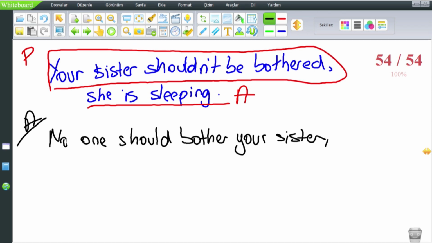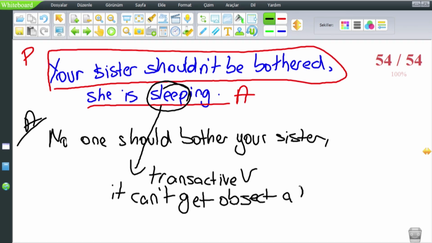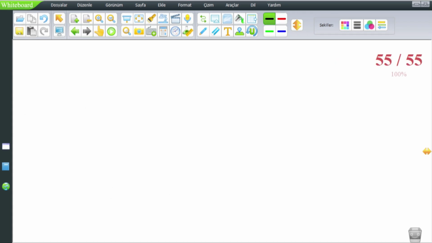She's sleeping. Sleep is also an intransitive verb. It cannot get objects after it. That's why I cannot rewrite this sentence in passive voice.